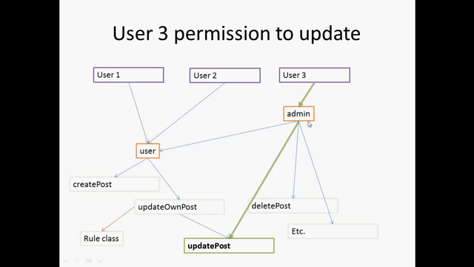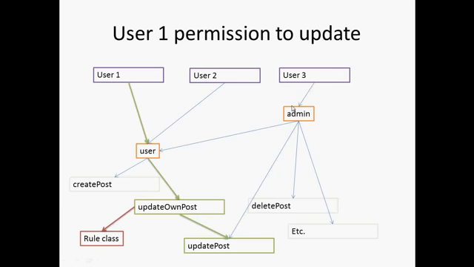If neither of those are true, then if this has any parents, it will carry on recursing. In this case there are no parents. And if it actually went up this way, the permission would also be granted. So in this example, there would be two routes if you were looking at the post that the admin had created. But in this case, we reach here, we find a role that the user is a member of, and so permission is granted.